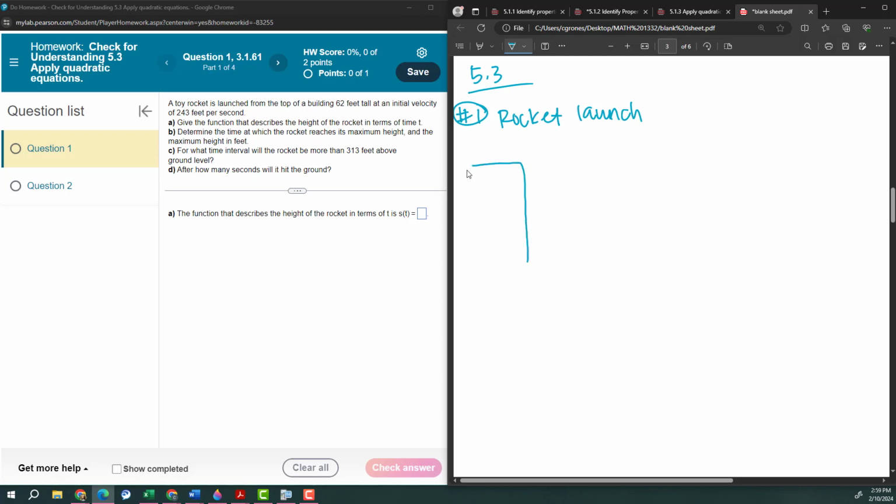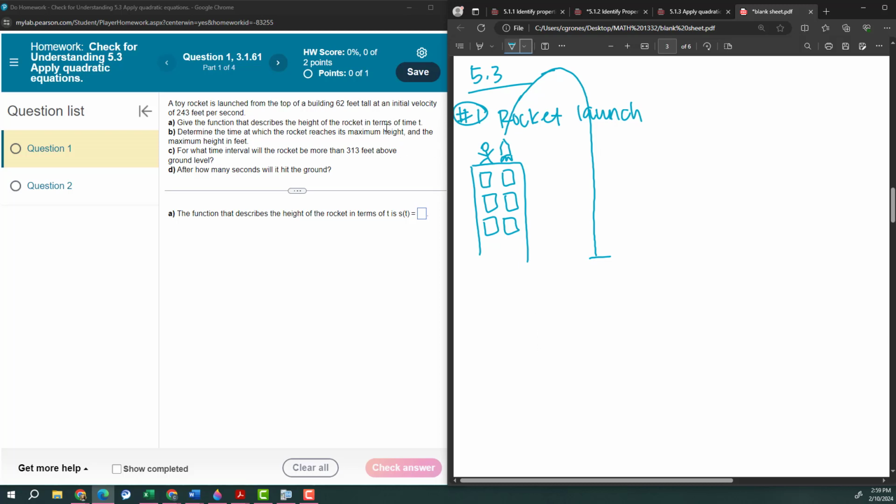So basically, we are on top of a building and we are launching a rocket. The rocket is going up and then it is coming down and it is hitting the ground.